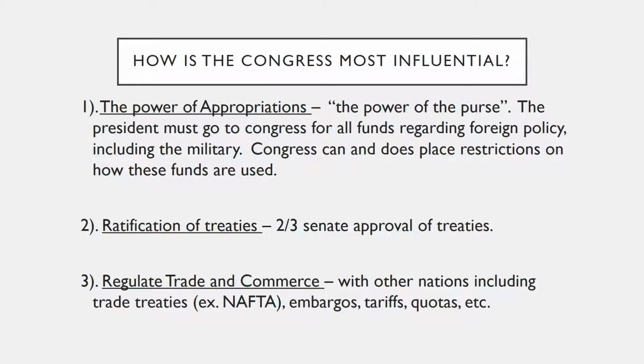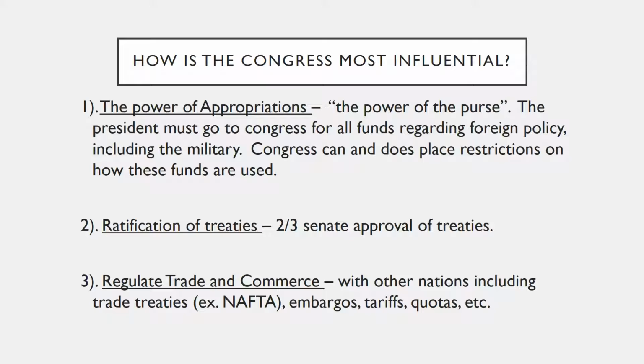One of the things that we mentioned in the earlier lectures, and that is a power of the Congress that's mentioned in Article 2 of the Constitution, is the ratification of treaties requires 2/3 of Senate approval. Well, we discussed in the earlier lectures, the presidential section, that executive agreements have tended to replace formal treaties.